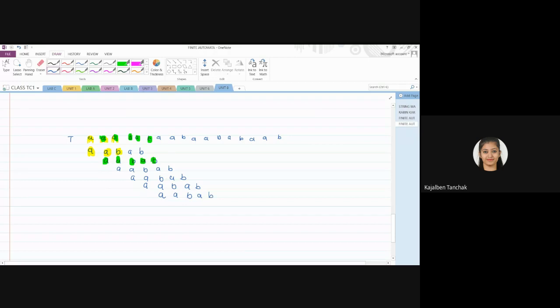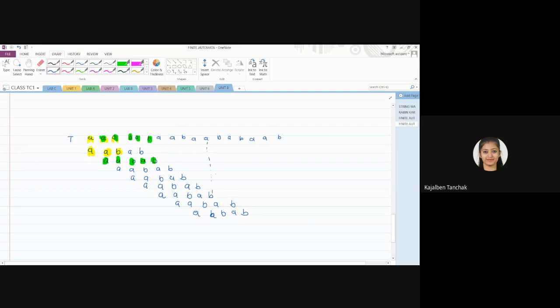A and A matching. A and A matching. B and B matching. A and A matching. A and B not matching. Again you will shift the pattern by 1. A and A matching. A and B is not matching. So again, this A and B is not matching.